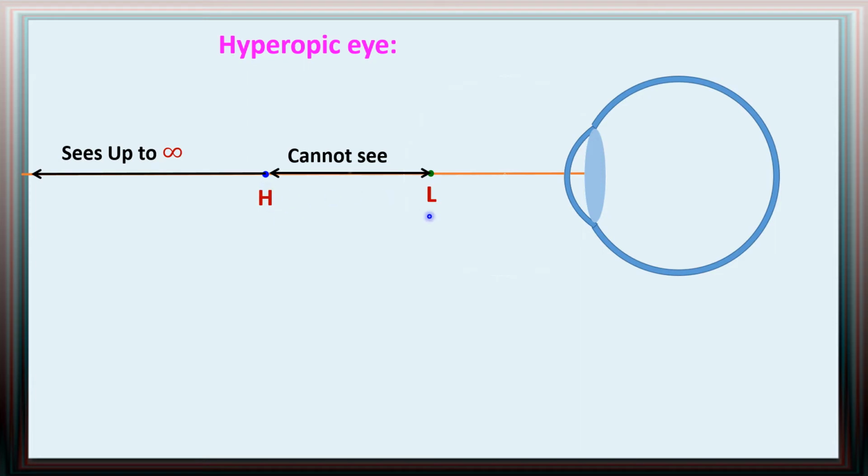That means the near point has been shifted from L to H in his case. So H is the near point. The point of minimum distance at which objects are seen clearly is called the near point, and it is represented by the letter H, H for hypermetropia.